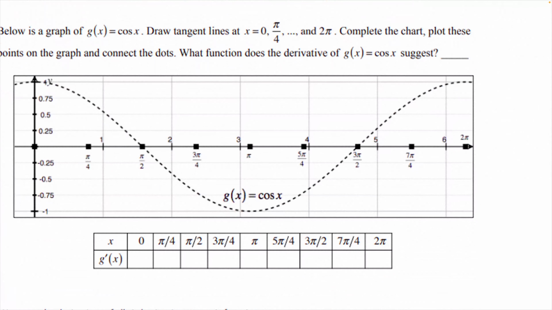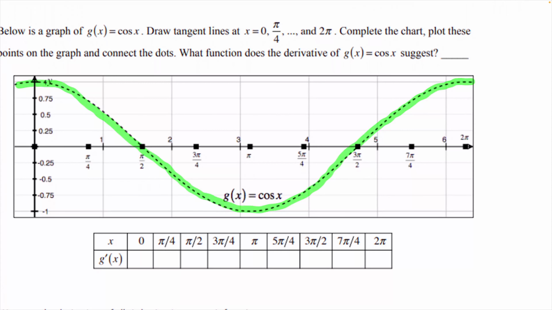So again, where would the derivative be 0 for this guy? When x is what? Let me draw it again. At pi is one spot, absolutely.